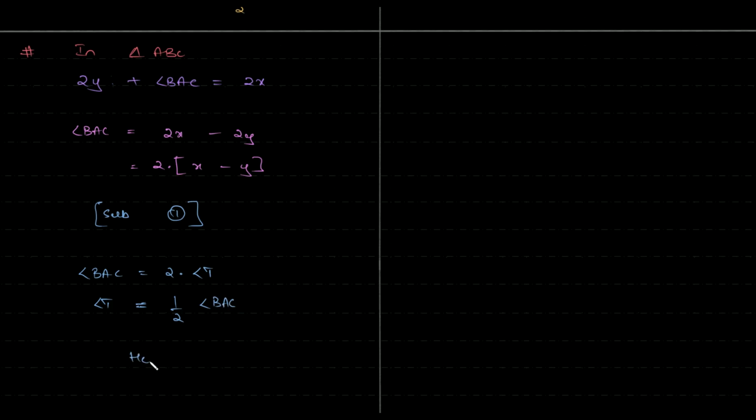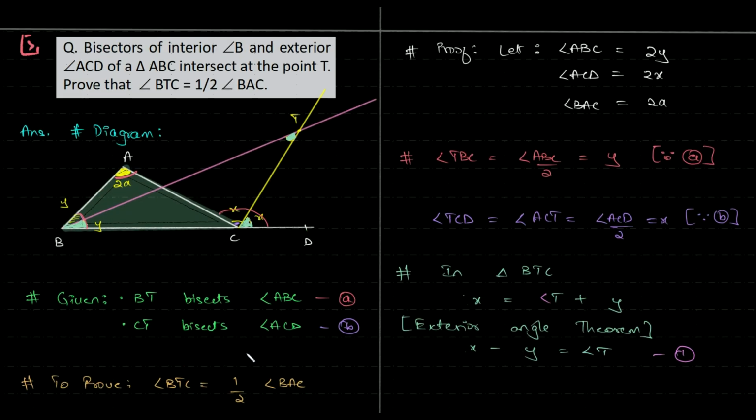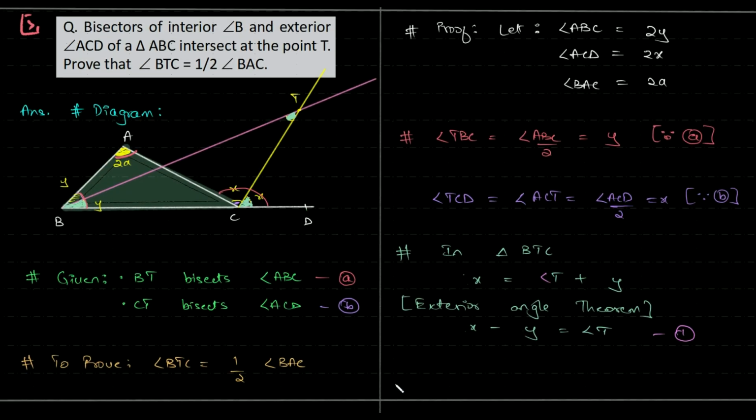Hence proved. Okay, guys, that's it. That's your answer. And by the way, BTC is same as T itself. So I've not done anything fancy. I just called it as T.